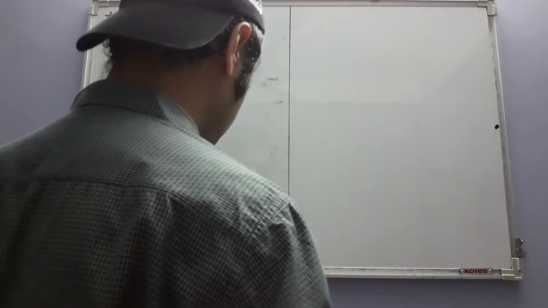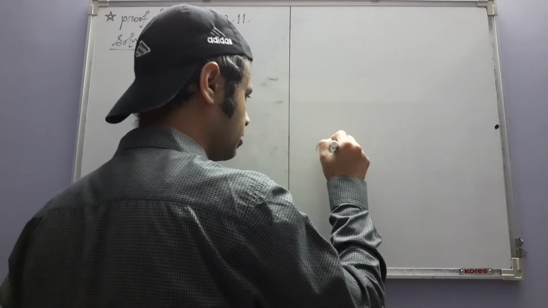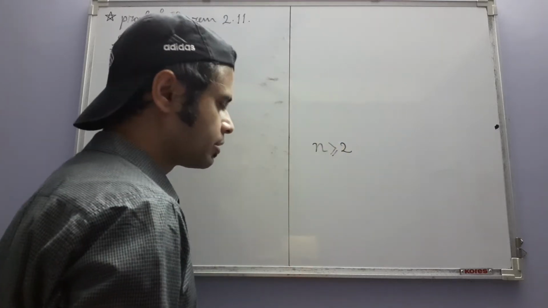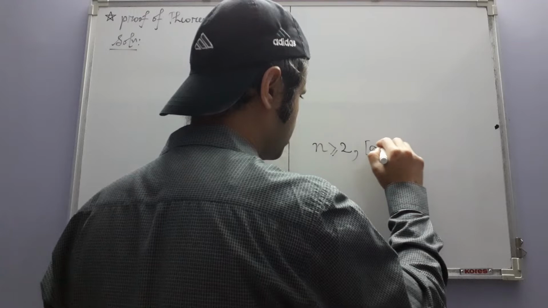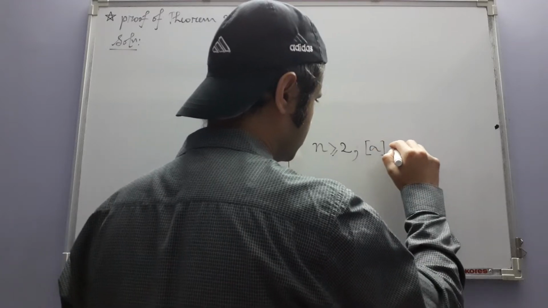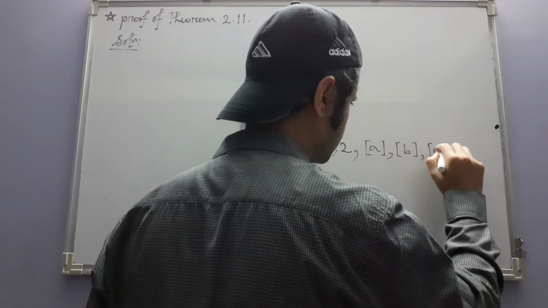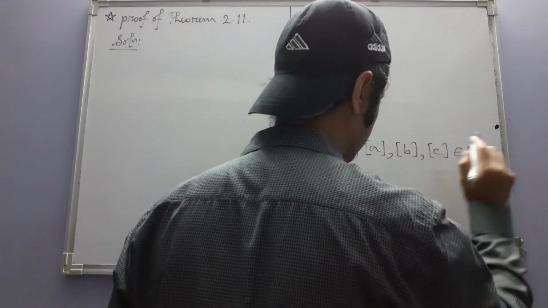So the theorem says this, that n is an integer greater than or equal to 2, and we consider any three elements in the set Zn.